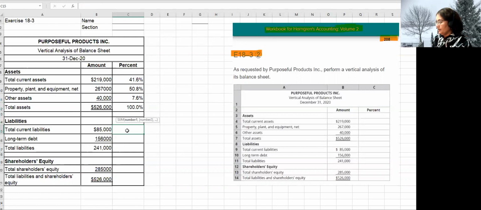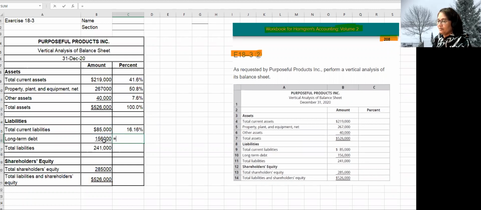Now in the case of the liabilities, we express each element of the liabilities as a percentage of the total liabilities and shareholders' equity. So let's do the total current liabilities, which is 85,000 divided by 526,000, giving us 16.16 percent.